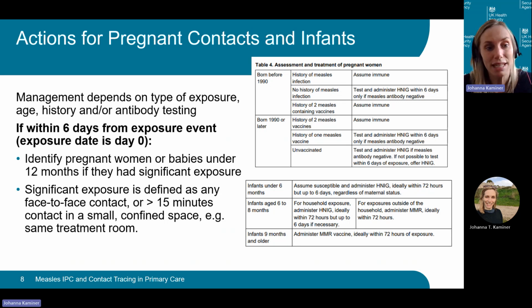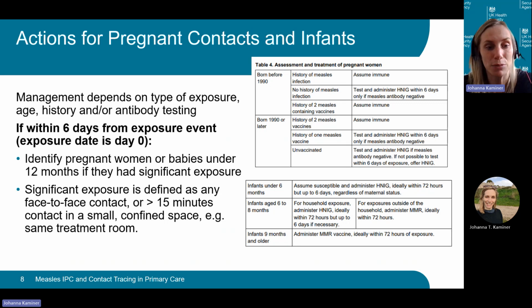If we are within 6 days from the exposure event, where the exposure date is day 0, all the pregnant women or babies under 12 months should be identified and assessed and managed if they had a significant exposure. Remember, for immunosuppressed contacts, any level of exposure would trigger an assessment. However, for pregnant people or babies under 12 months, only if they had a significant exposure.